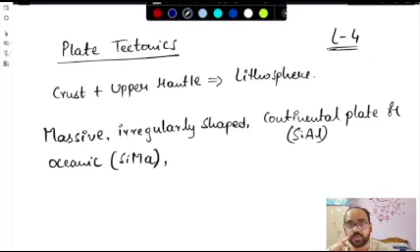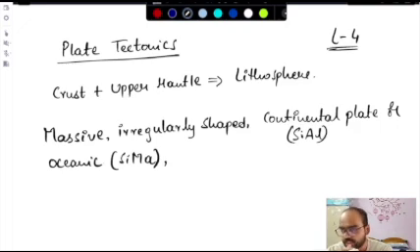Oceanic plate is more dense than continental plate. Why? I have explained in the previous classes why oceanic crust and continental crust vary in density and thickness. Okay, oceanic plate is more dense, continental plate is less dense compared to oceanic plate. Okay, this is the definition of the plate.